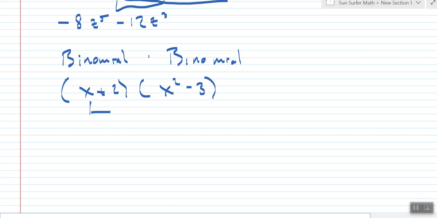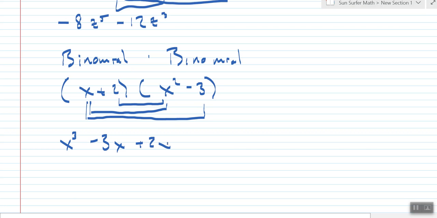So the x gets multiplied by the x squared, and so we would get x cubed. Then we take the x and we multiply it by the next term, which then would be minus 3x. Then we take the inside, the 2, and multiply it by the x squared, and we get 2x squared. And then we take the 2 and multiply it by the minus 3, and we get minus 6.